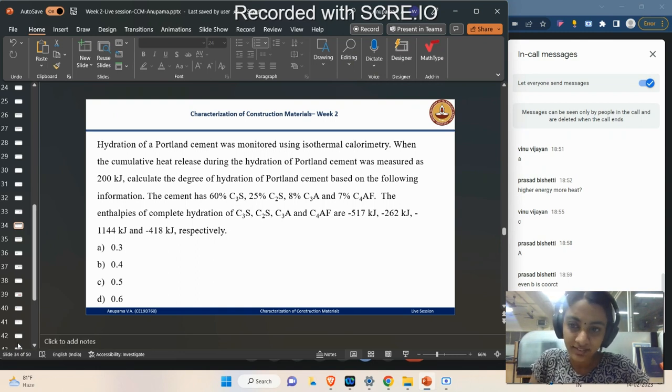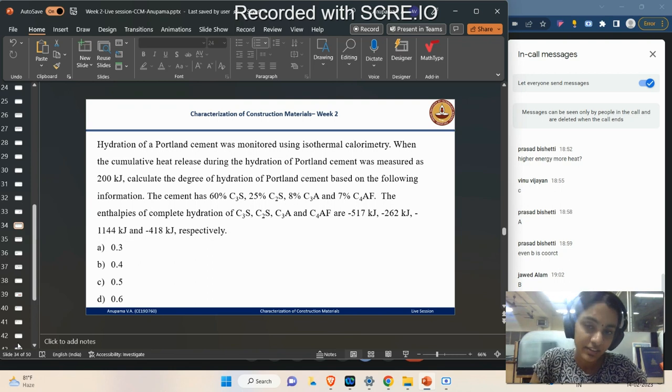Given all these data, that is the composition and their particular enthalpies, what is the degree of hydration, or alpha, is the question. Okay, Javed goes with option B, that is 0.4. Let's discuss this question in detail, but for that, let's give a minute or two for others to respond.